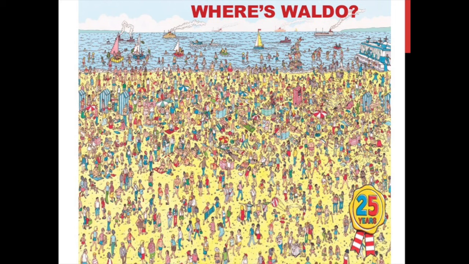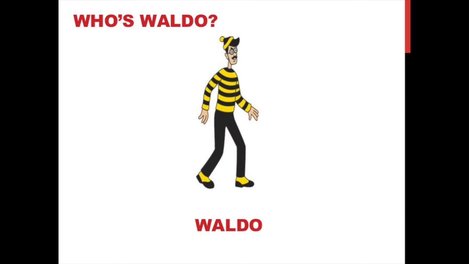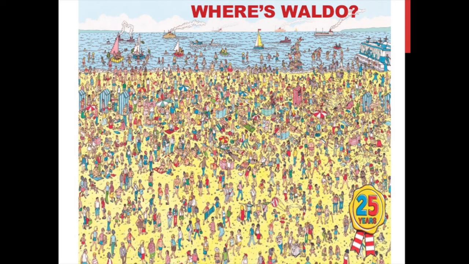I bet all of you are wondering, who's Waldo? We cannot even look for him when we don't know who Waldo exactly is. So let me give you a hint of who Waldo is. This is how Waldo looks. Let's try one more time to look for Waldo. Where's Waldo?